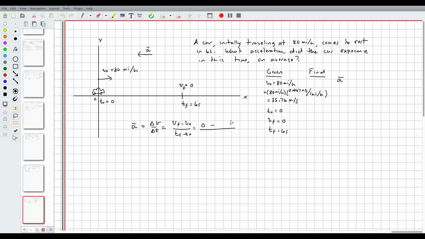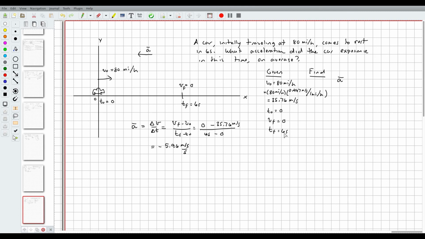My initial velocity is 35.76 meters per second. My final time is 6 seconds, and my watch read 0 at the beginning. And if you do the math here, you end up with somewhere around 5.96 meters per second per second.